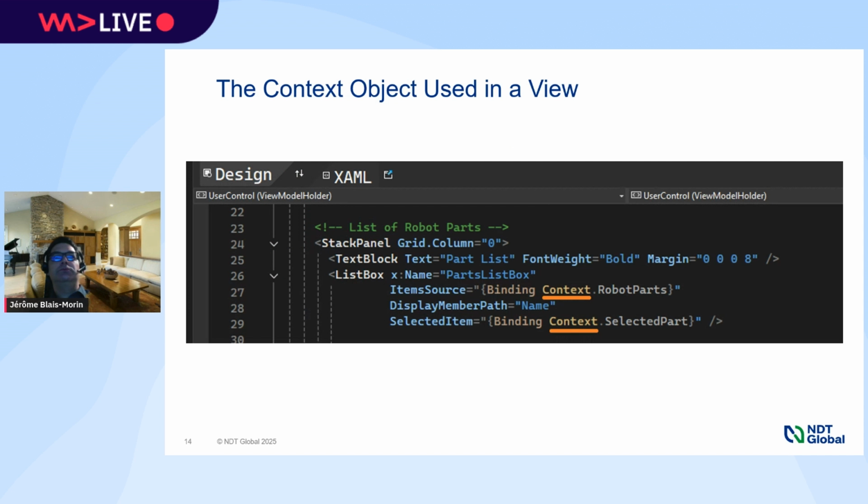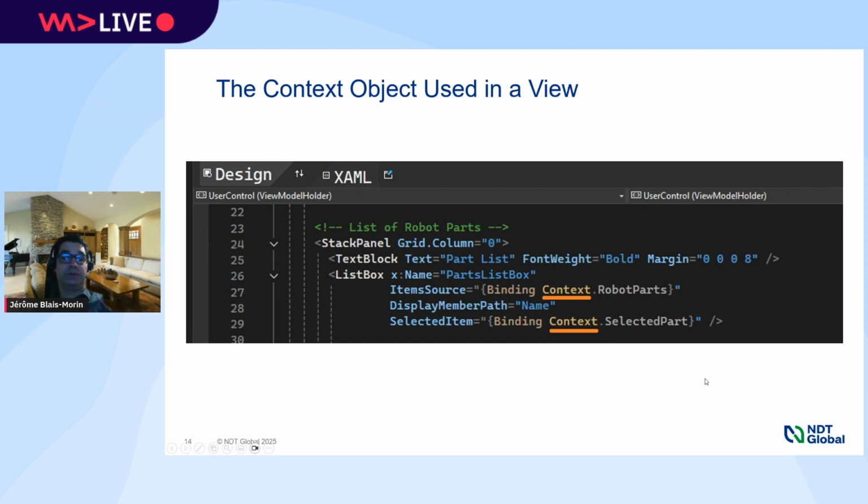In the view, it's a very, very little difference with a normal approach. Instead of just binding to the RobotParts property of a view model, we would bind to Context, which is held by the view model. So you bind to Context.RobotParts. So it's very straightforward here.